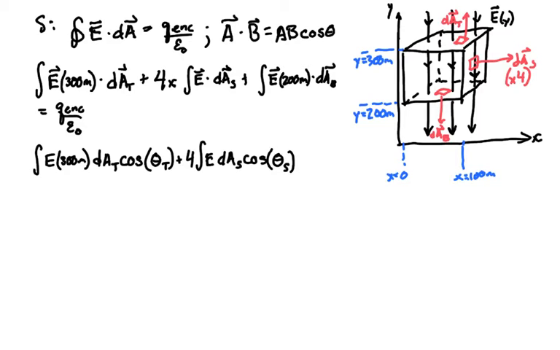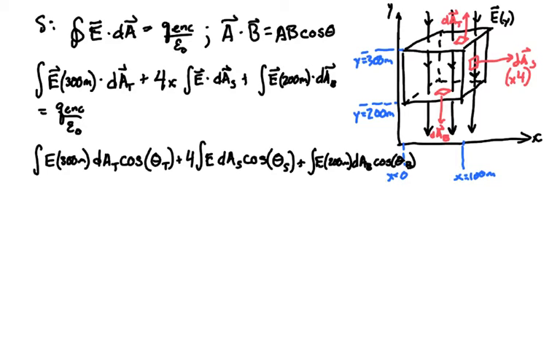So we'll call that one specific angle, theta sub s, plus the integral of the electric field at 200 meters times the differential area on the bottom times the cosine of the angle theta sub b. Bleeding over a little bit there.